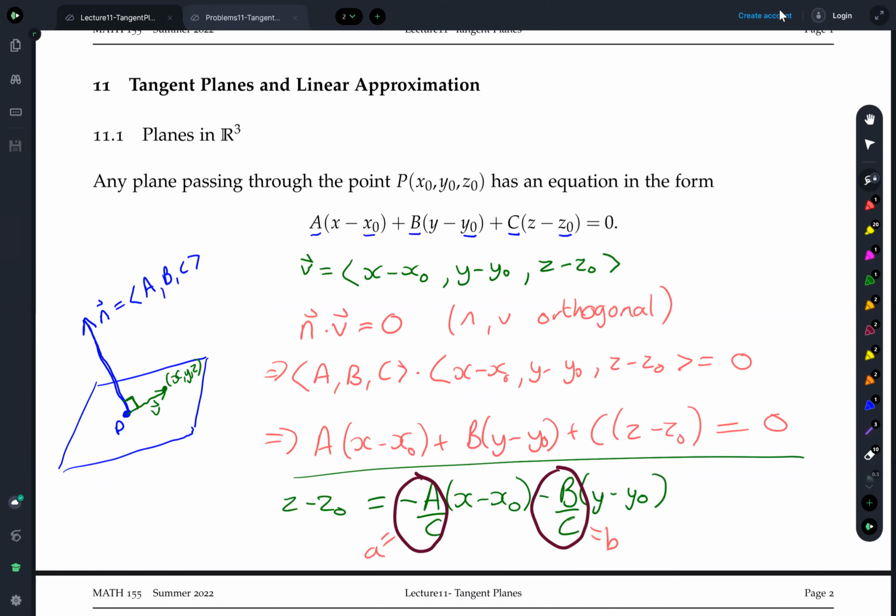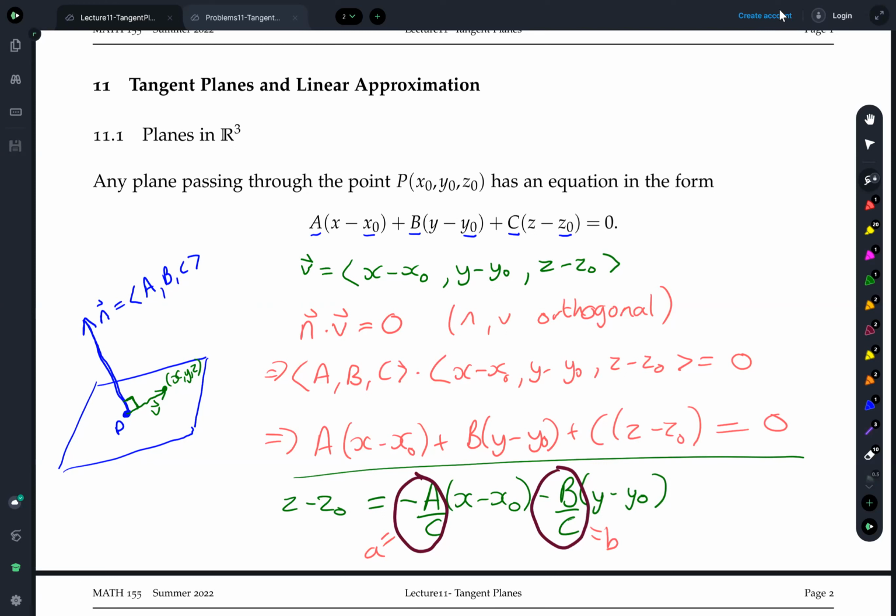If we imagine some point that our tangent plane goes through, P, given by x0, y0, z0, and we think of some normal vector with components A, B, and C, then first of all, any vector within that plane we can describe as its initial point being P and its terminal point being some point with x, y, and z coordinates. So the components of the vector from the initial point P to wherever we want to go in that plane is going to have components x minus x0, y minus y0, and z minus z0.